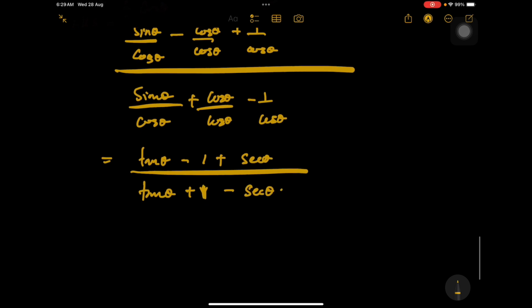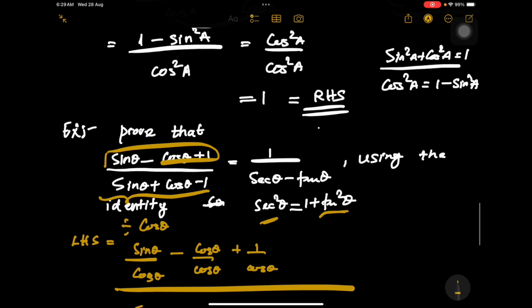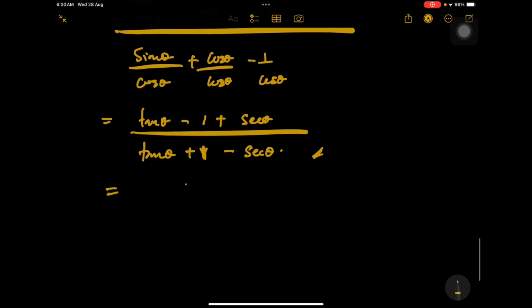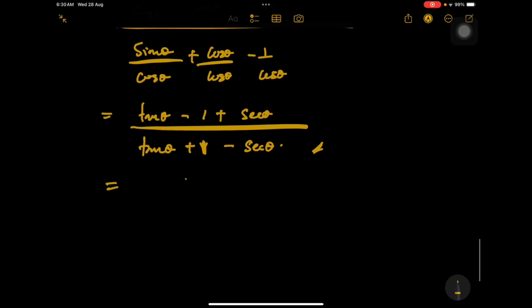So how are you going to get from this to this? This part is a little different. It's 1 over sec theta minus tan theta or something. Okay, so what I'm going to do here is a little tricky.